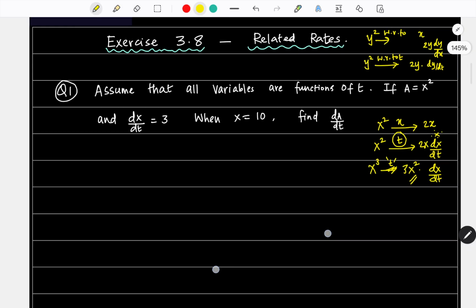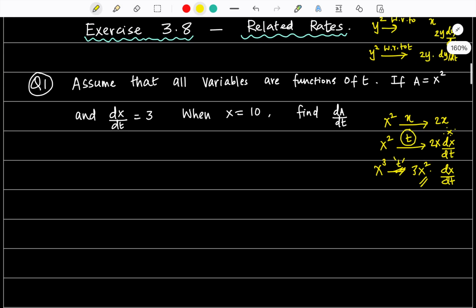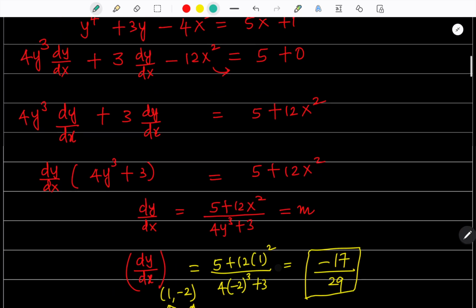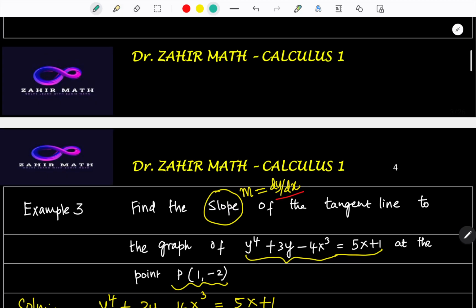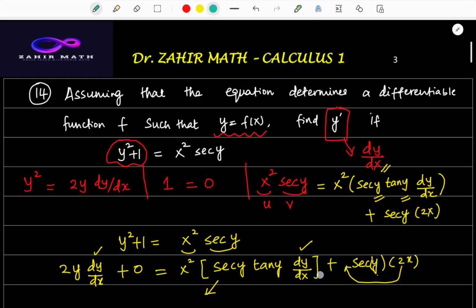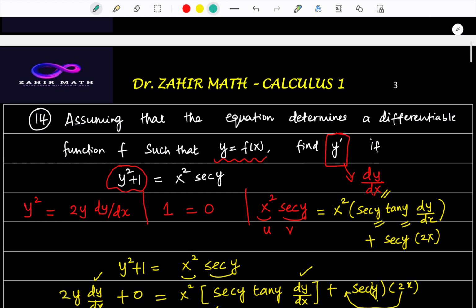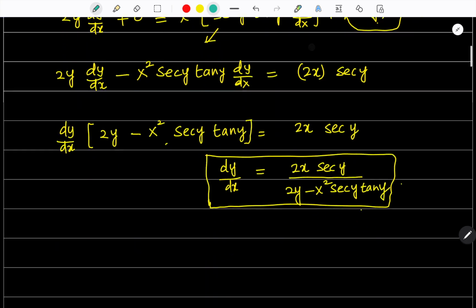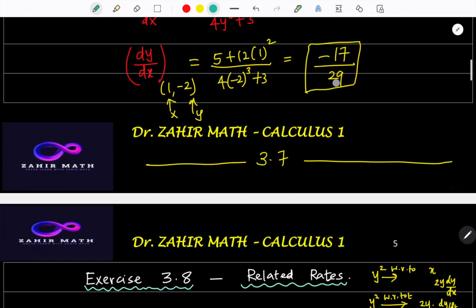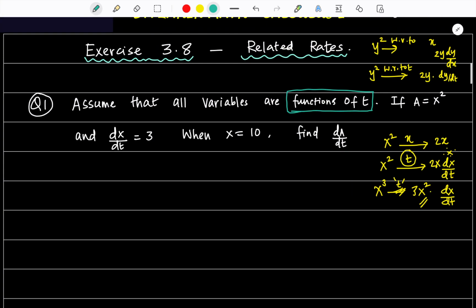Okay, so let's go to the question. Assume that all variables are functions of t. Can you see the previous question? All the functions of variables were with respect to what? x. You can say that it determines the differentiable function y equals f of x. Here it is with respect to what? With respect to t. Right.